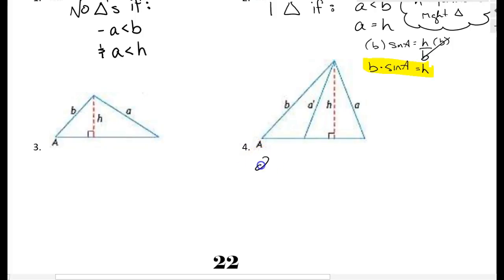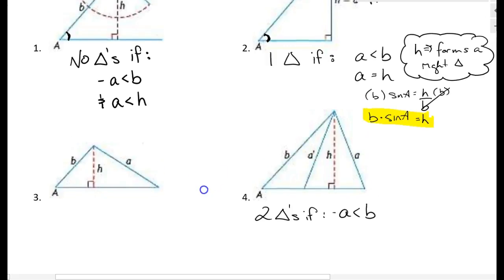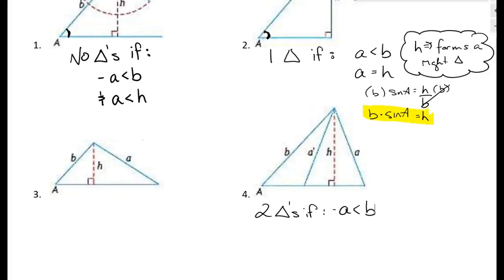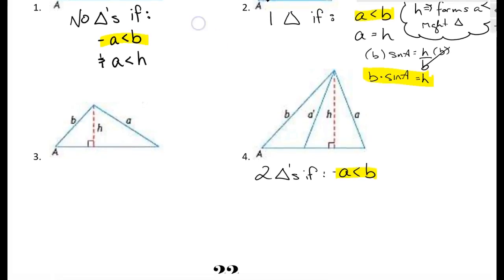Okay, so we get 2 triangles if A is smaller than B. So that still needs to be the case, okay? And that's going back to our definition of the ambiguous case. This must be a scenario in order to give us the ambiguous case, and then we're going to have to check for our height. But in this case, A will be bigger than the height.